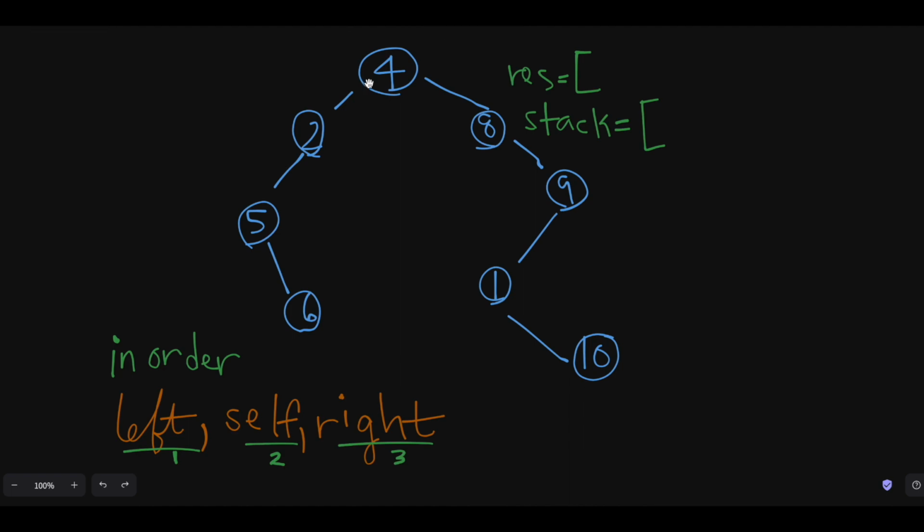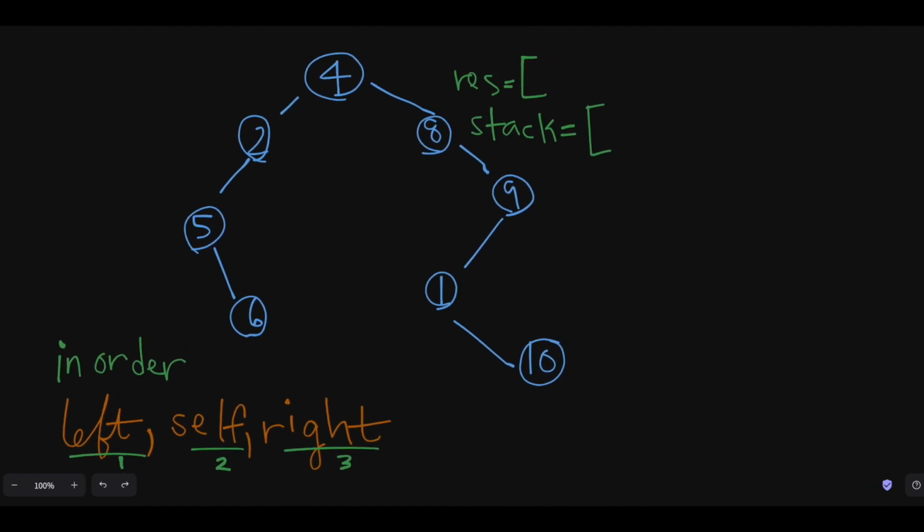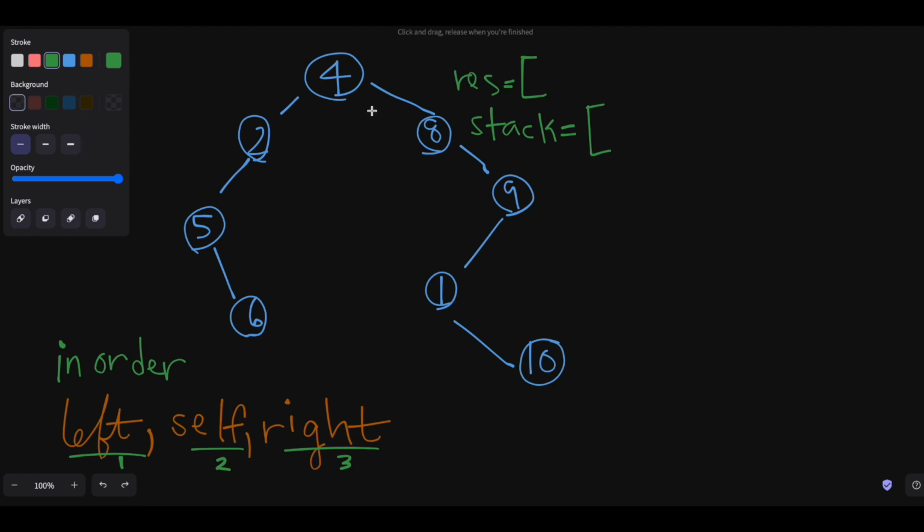All right, now remember left, self, right. Whatever the case, we're always starting from ourself. But because we're going in order, left, middle, I'm in the middle, and then right, we keep adding what's to the left of us.